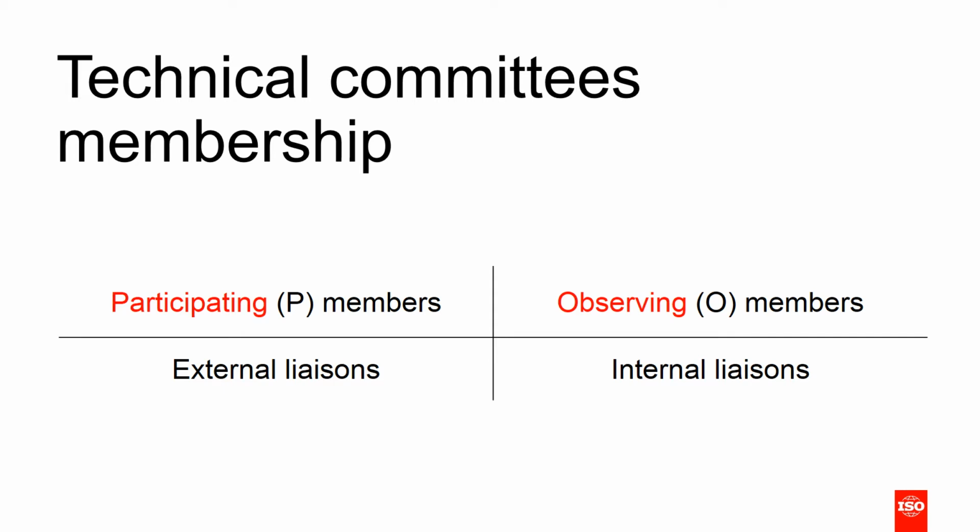So what happens if you're not an ISO member and you wish to participate in the technical work at ISO? Is that possible? The answer is yes, and this is where the external liaison comes in.